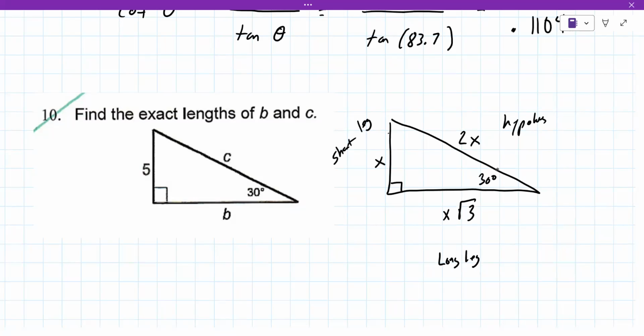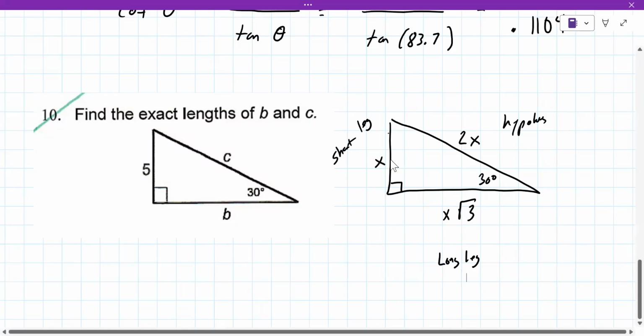Now, I don't expect you to memorize this, but have you seen this before? No. Okay, that's not good. The idea is that if I give you the short leg, you can find the hypotenuse by doubling the short leg.